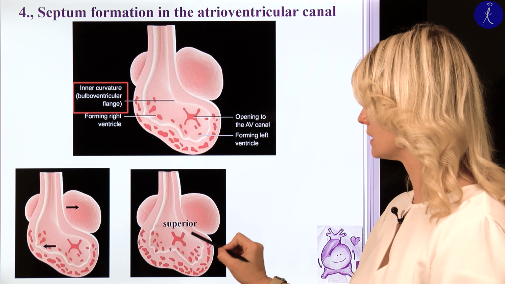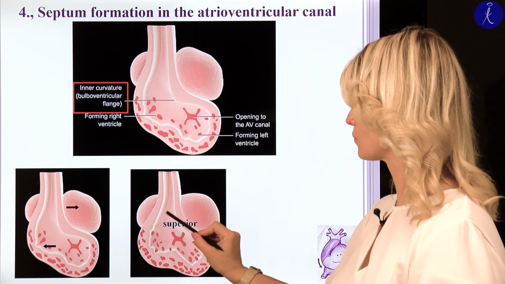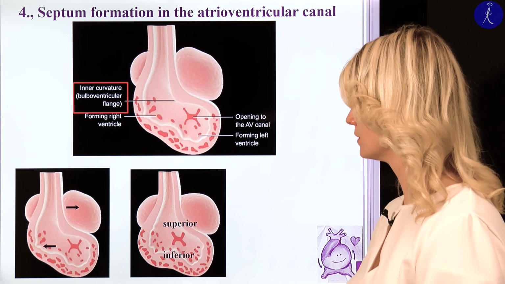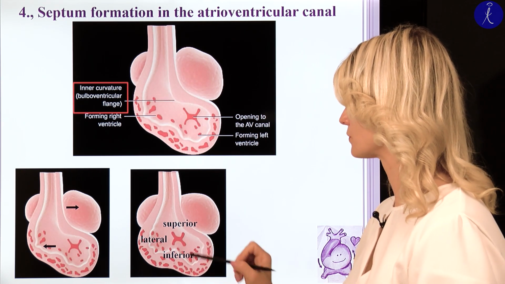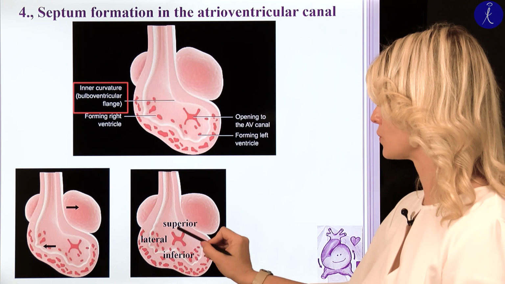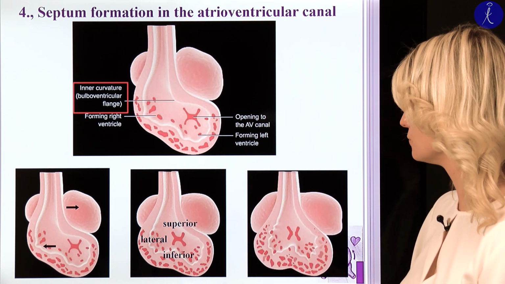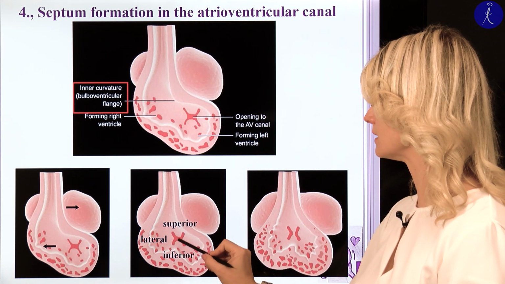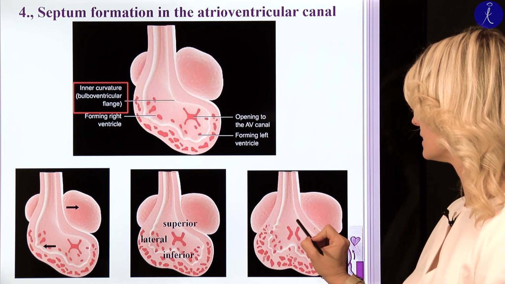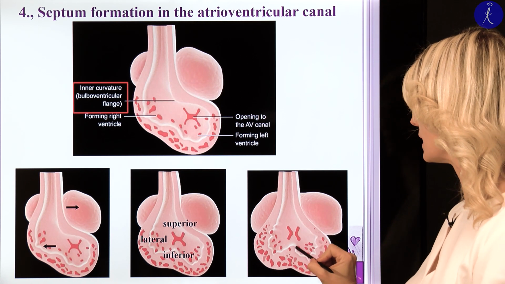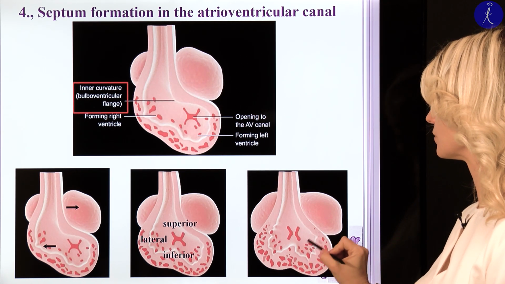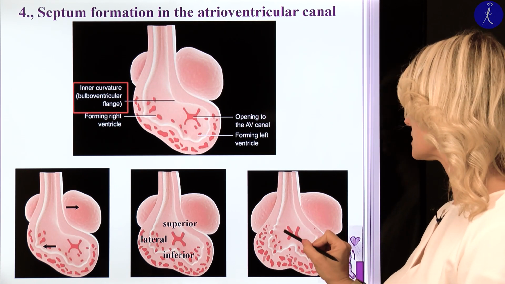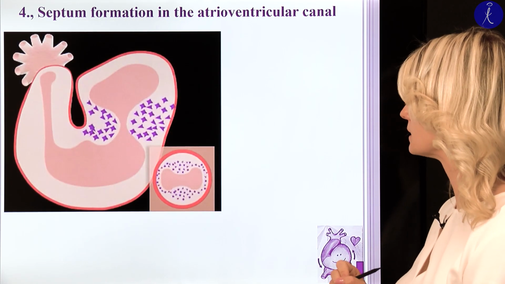And here we see the cushions. We can talk about the superior endocardial cushion, the inferior, and we have two lateral ones. They will grow and they will fuse. Here you can see the fusion of the superior and the inferior cushion, and this fusion will separate the atrioventricular canal into two parts, the right side and the left side.